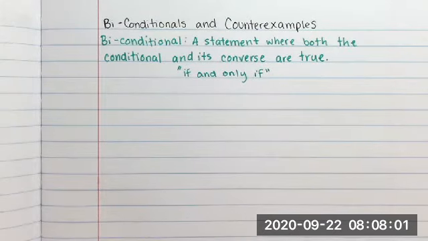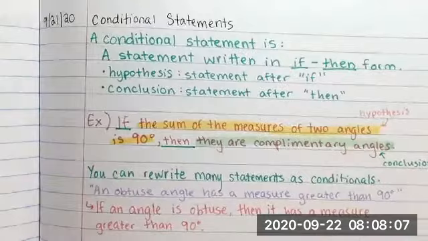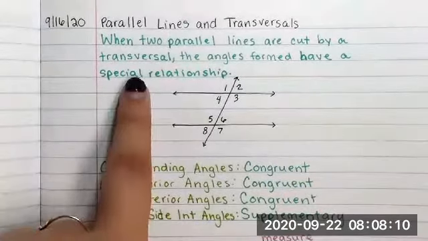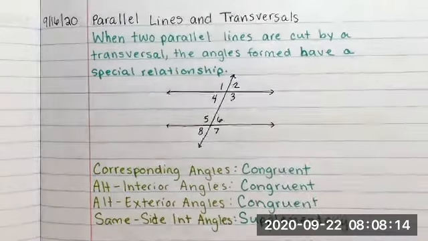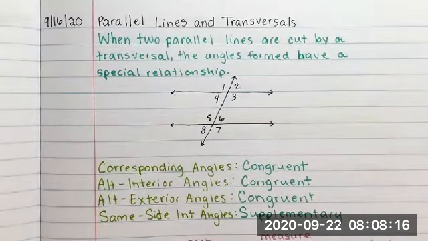So for example, and I'm going to keep referencing the parallel lines and transversals bit. I'm going to write a biconditional based on this because as it happens, the conditional and the converse are both true.